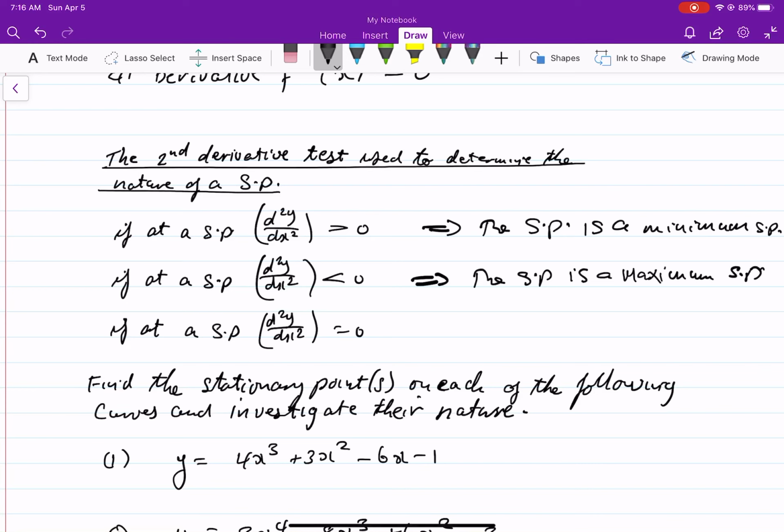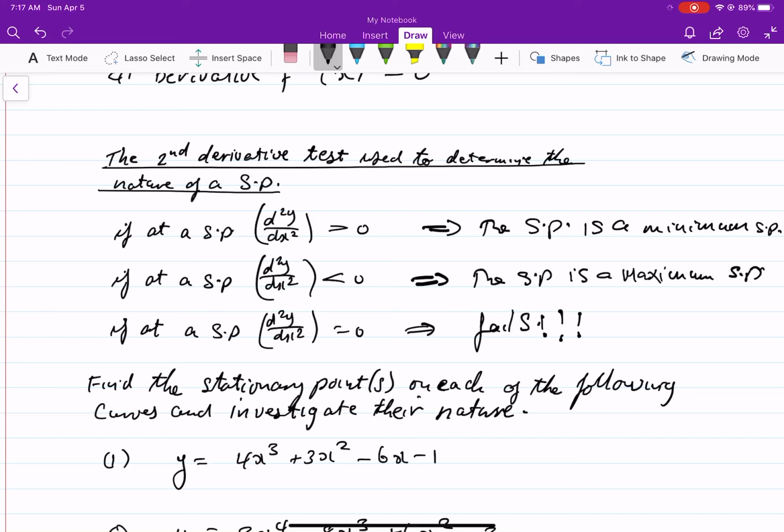If at a stationary point the second derivative is 0, the second derivative test will fail to determine the nature of your stationary point. On its own, it wouldn't be able to tell you what type of stationary point you have.